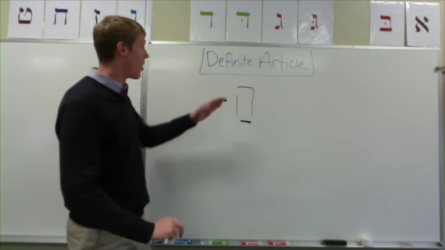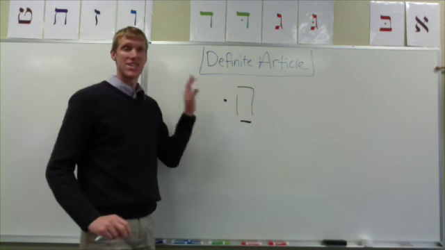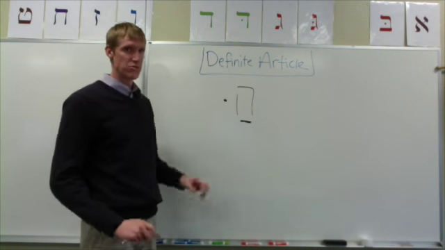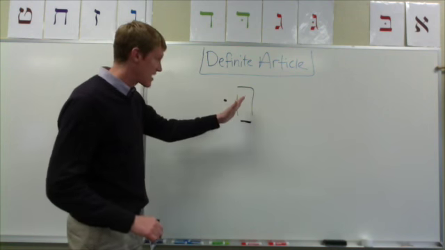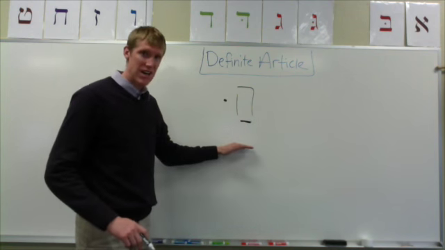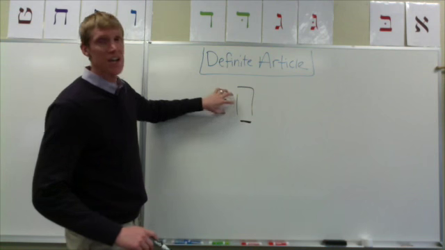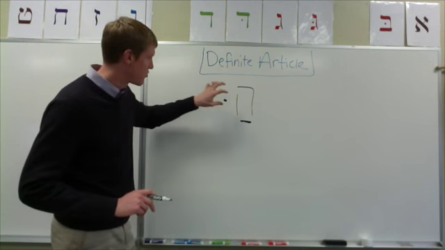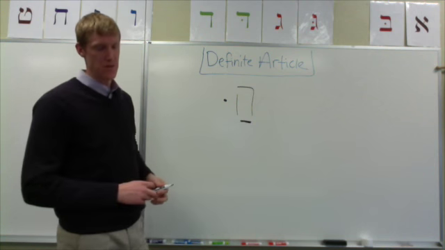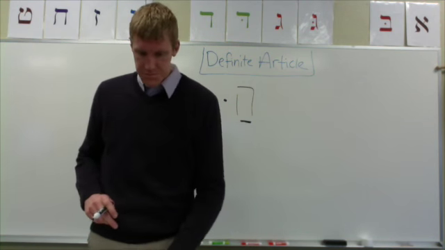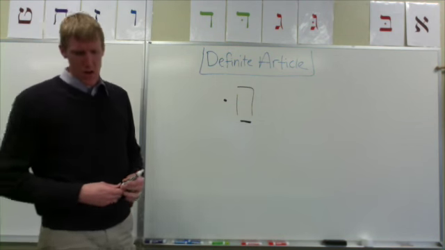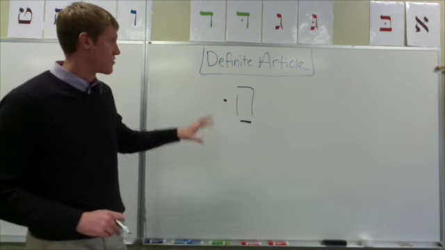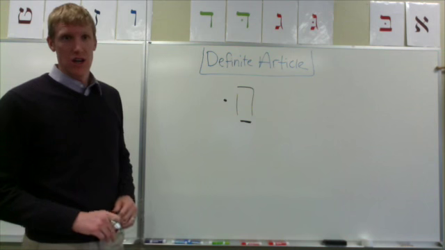Okay? All three of these signs together constitute the definite article in Hebrew. The dagesh forte is a doubling dagesh. So all three of these signs are important and necessary for the definite article to be there.